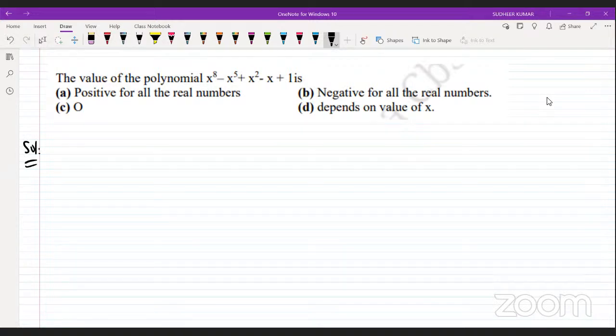Whenever nothing is mentioned, x belongs to the set of real numbers. So for all real numbers, whether it is positive, negative or 0, it depends on the value of x, that's what we have to fix. Can you guess which is the correct answer?